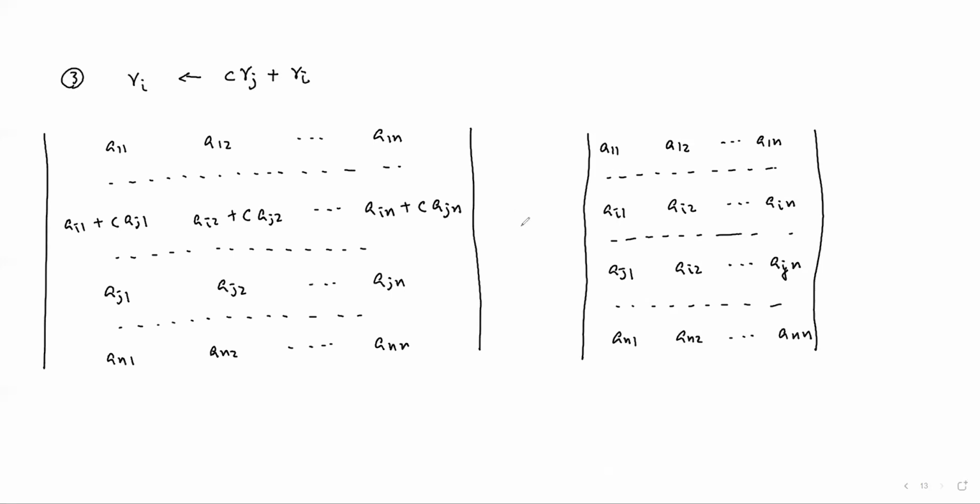They are equal. In other words, this operation doesn't change the value of a determinant. These are the relations between determinants and row operations.